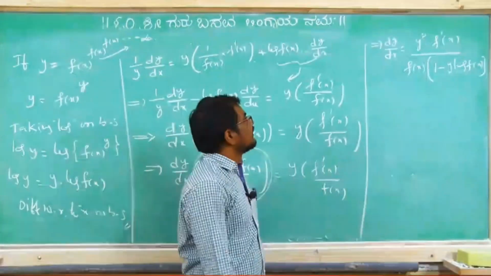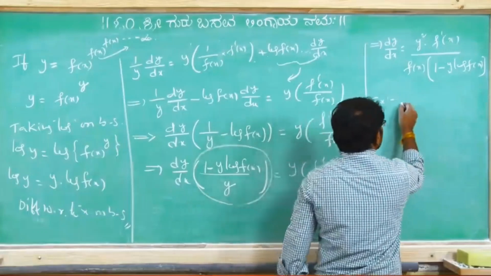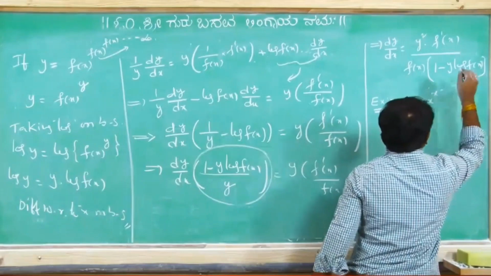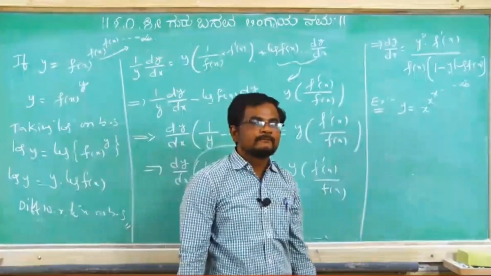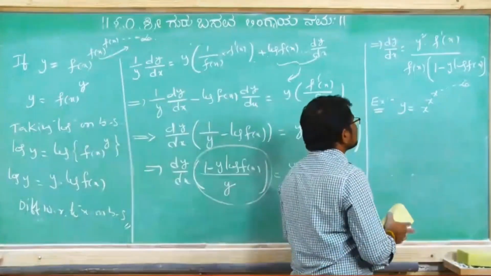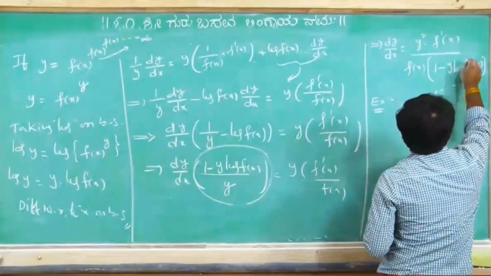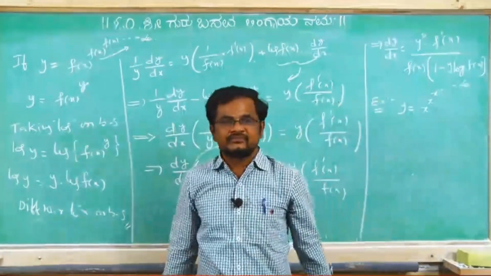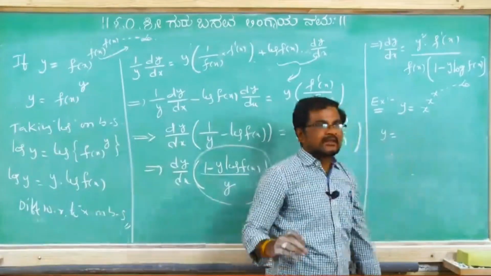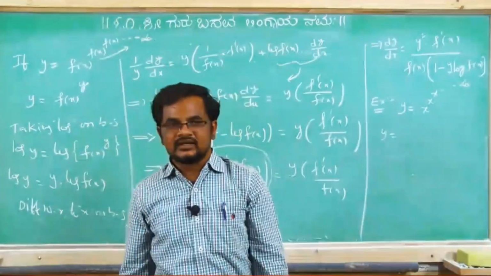Now, suppose one example, if you take y equals x power x up to infinity. Now y equals f of x power f of x up to infinity.